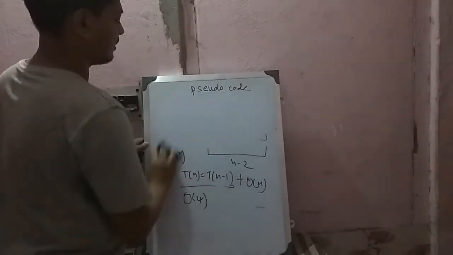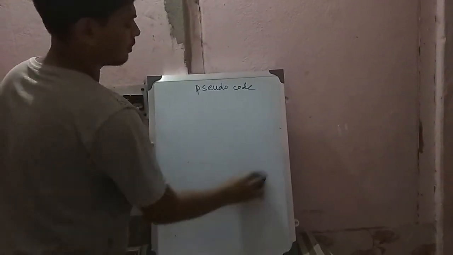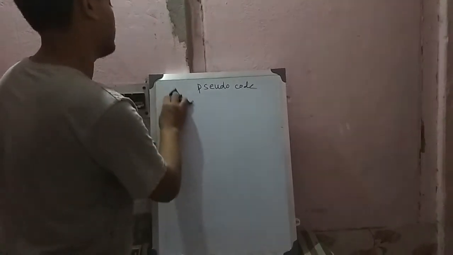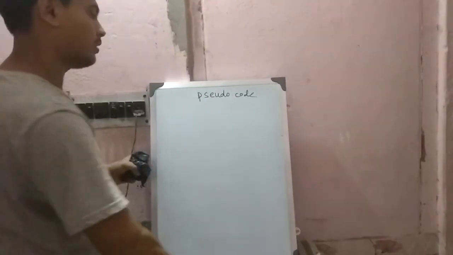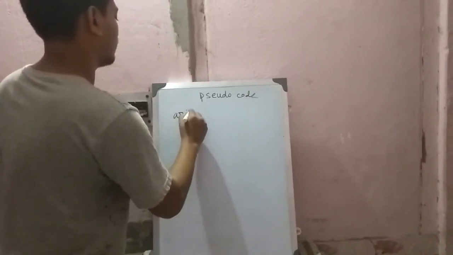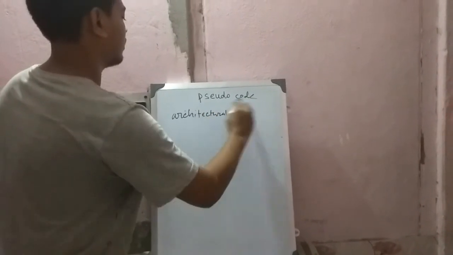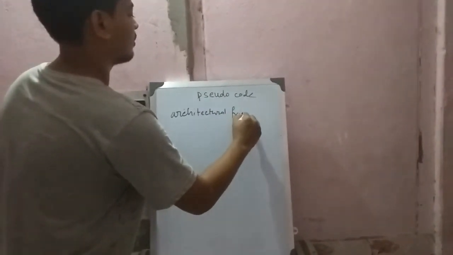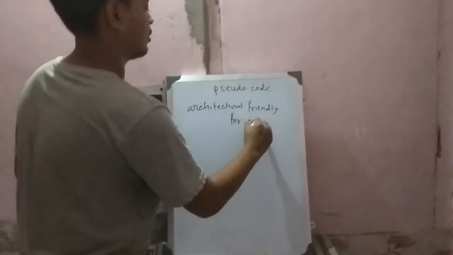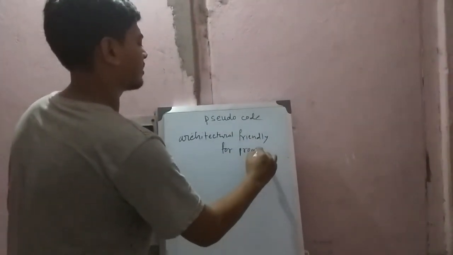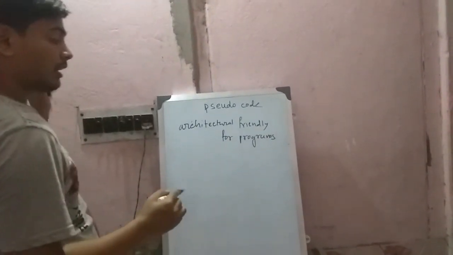As I told you, though it gives order of n square in the worst case, quicksort is very much cache friendly, and it is very much architecture friendly for users, for programmers. So they use quicksort extensively in real world problems.